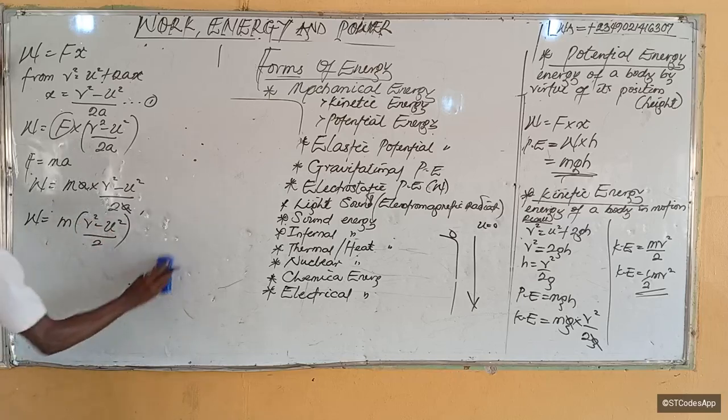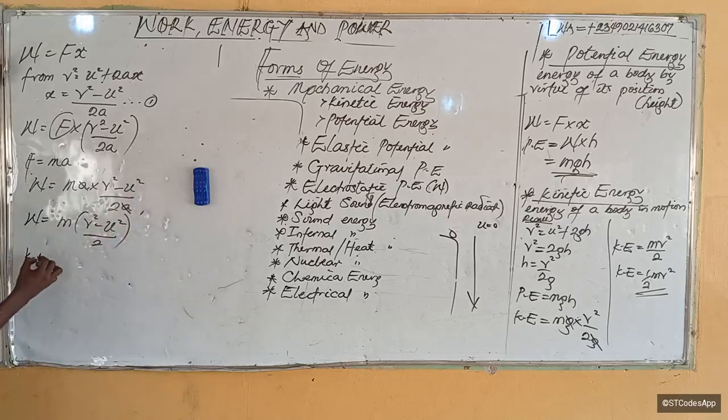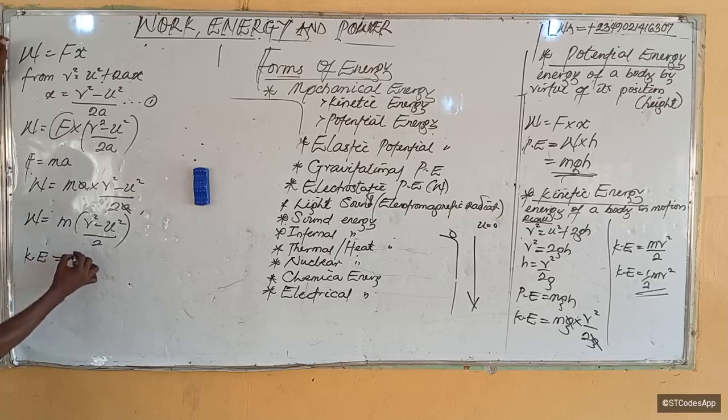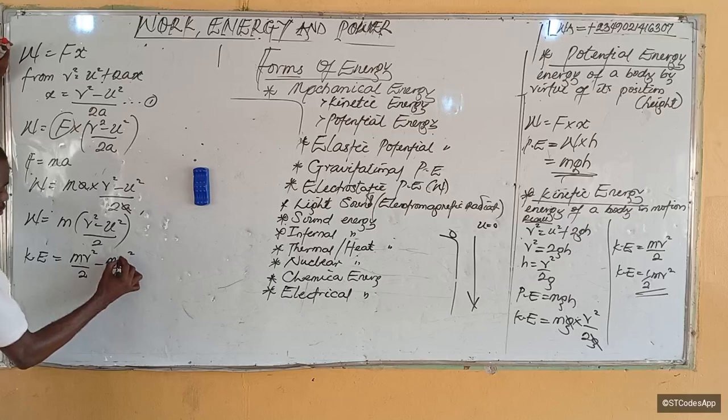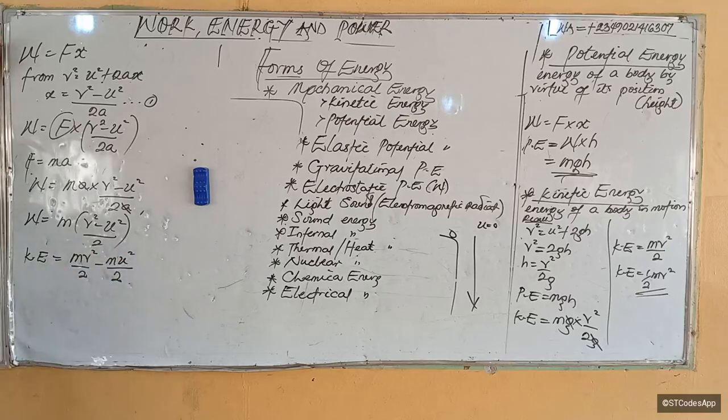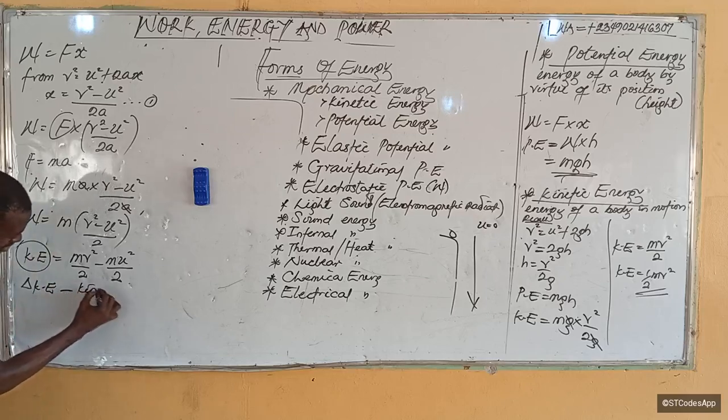Okay, and for that reason, our work done has become kinetic energy already, equal to mv squared over 2 minus mu squared over 2. What this is telling you is that this kinetic energy here is the change in kinetic energy, or think of it as kinetic energy gained.